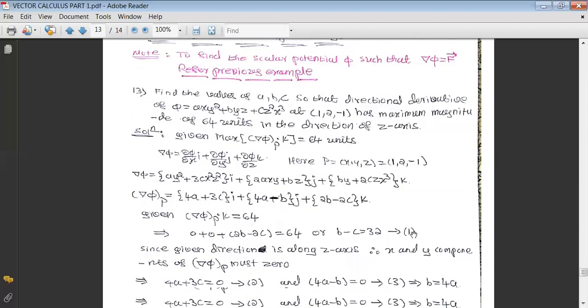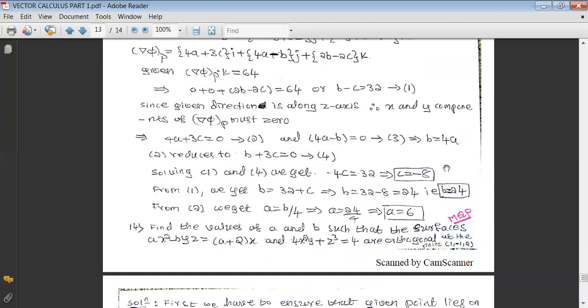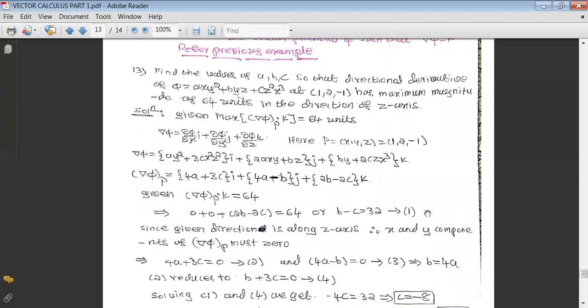Now, using the given information, we got the values a equals 6, b equals 24, c equals minus 8. The important thing to note is that del pi at p dot k cap is a dot product, and k is also a unit vector, which can be written as 0 into i plus 0 into j plus 1 into k.